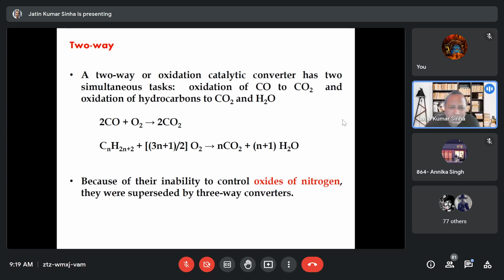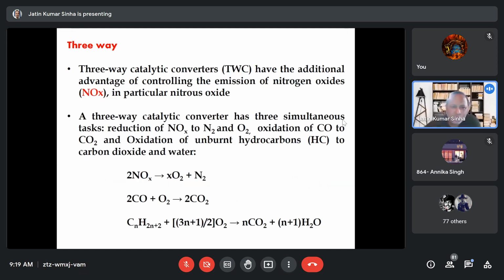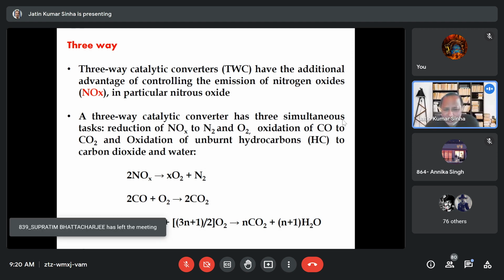So with time, three-way converters were adopted. The job of the three-way converter is first to convert the nitrogen oxides to oxygen and nitrogen, and the rest of the two are done similarly. That is, carbon monoxide is converted to carbon dioxide, and the hydrocarbons are converted to carbon dioxide and water.